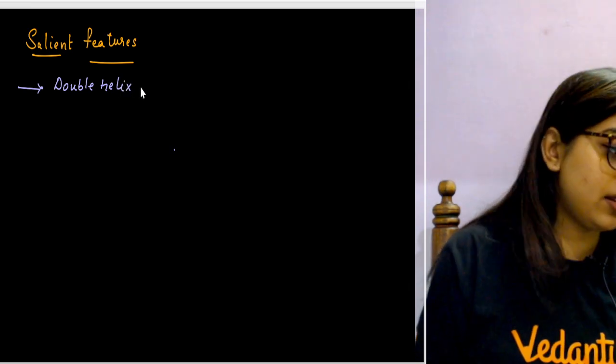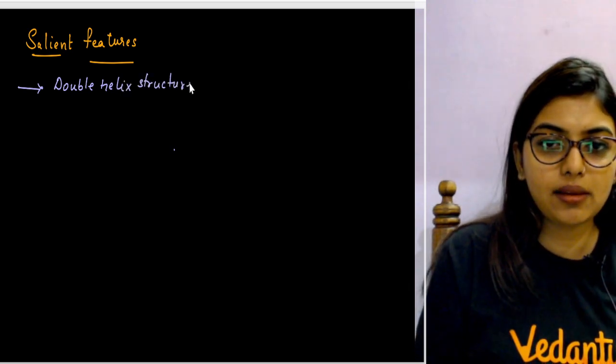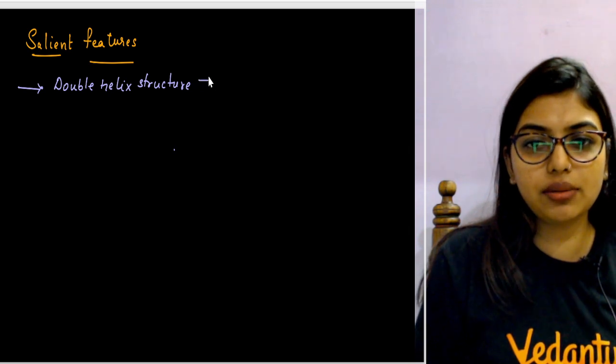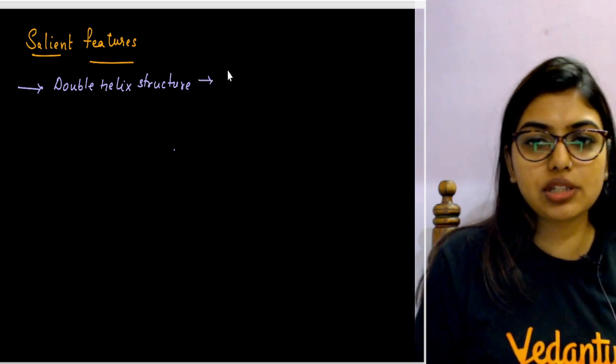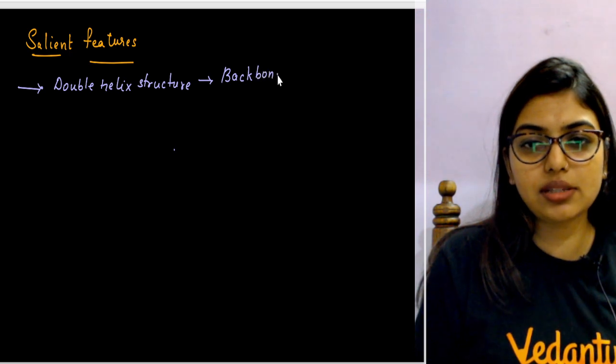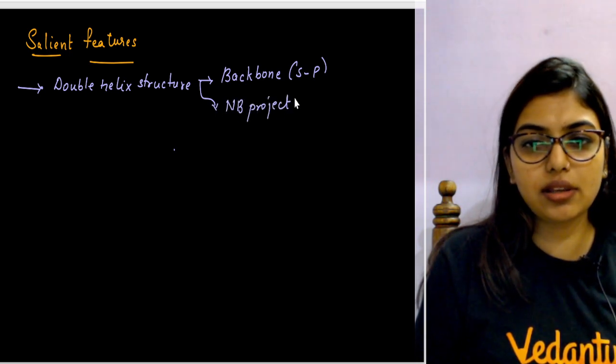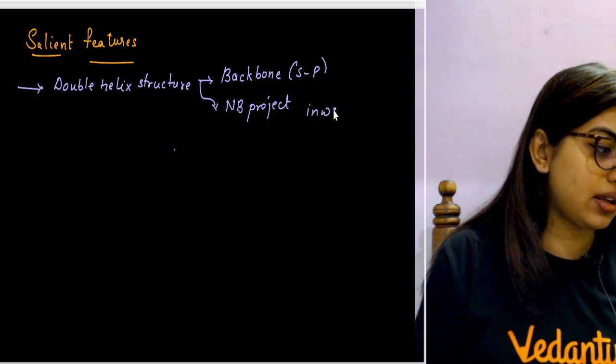The backbone is made up of sugar and phosphate groups, and the nitrogenous base pairs are projecting inwards.